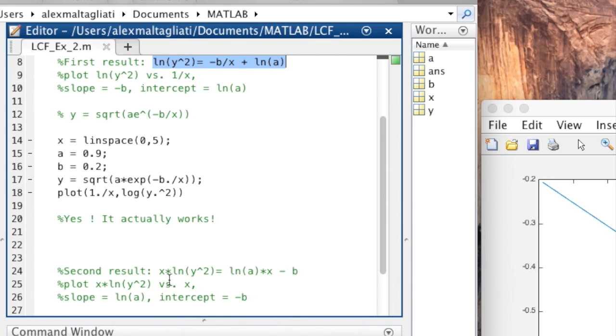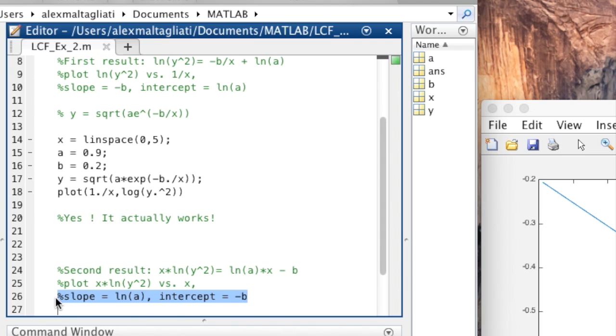You can get more than one equation, and then with these multiple equations you can create different plots, and say this were experimental data and a and b were unknown instead of actually assigning these values, then we could solve for a and b with the slope and intercept here and again here in two different ways.